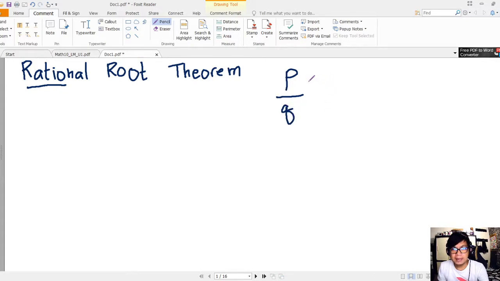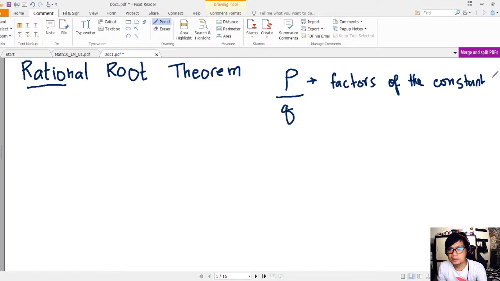This P refers to the factors of the constant term. While Q refers to the leading, or should I say, the factors.